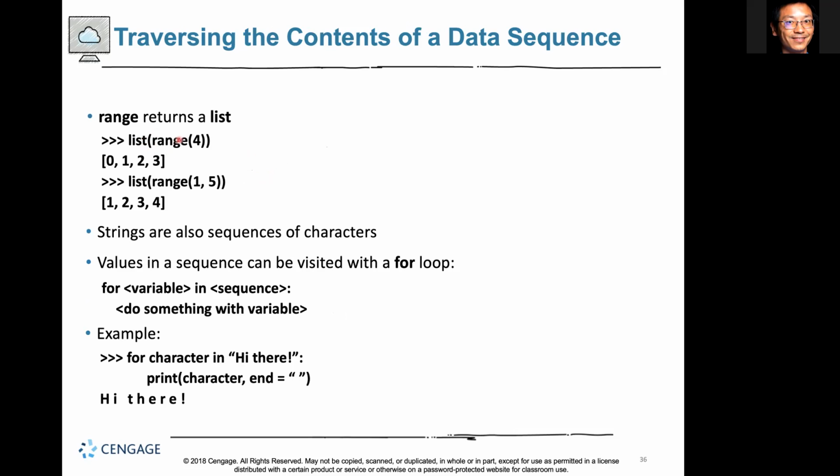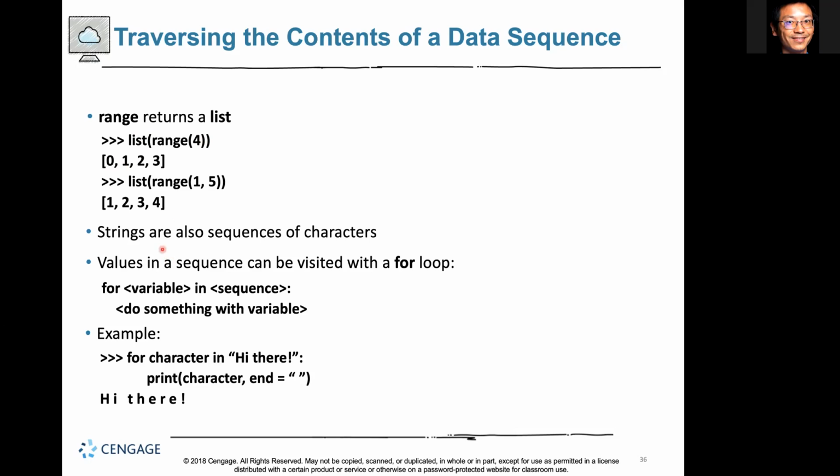You can turn the result of a range, that is a sequence, into a list. A list is a collection of values, and it's pretty versatile. You can put all kinds of data types in it. It can be mixed data types, although it's usually not a good idea, but you can, okay?